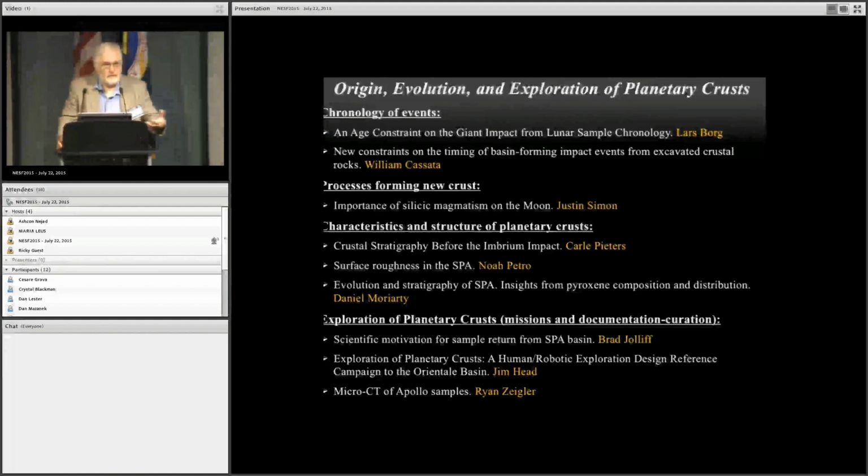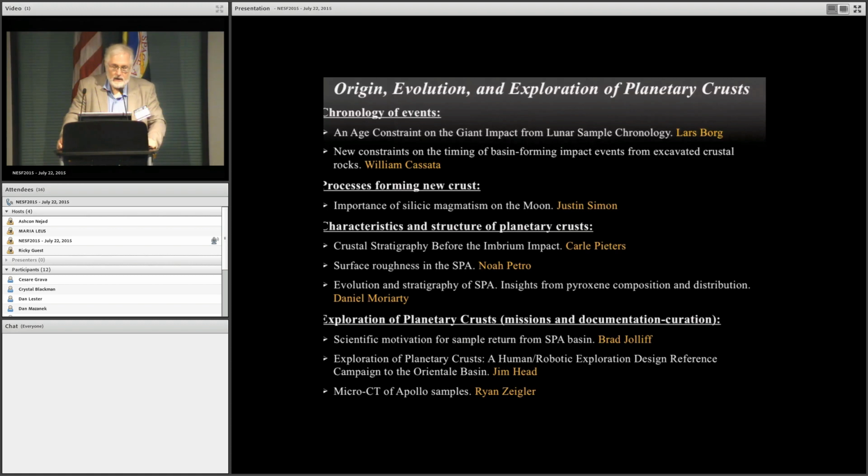We have several talks on chronology of lunar events, led by the first talk by Lars Borg. Then this is followed by a talk that focuses on processes of new crustal formation, primarily focusing on silicic magmatism on the moon.